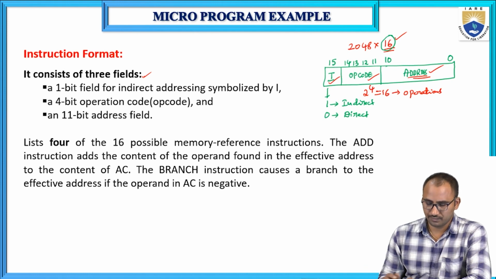So in total we can perform 16 possible memory reference instructions. Suppose you consider an add instruction. It adds the contents of the operand found in the effective address to the content of the accumulator. The branch instruction causes a branch to the effective address if the operand in AC is negative.